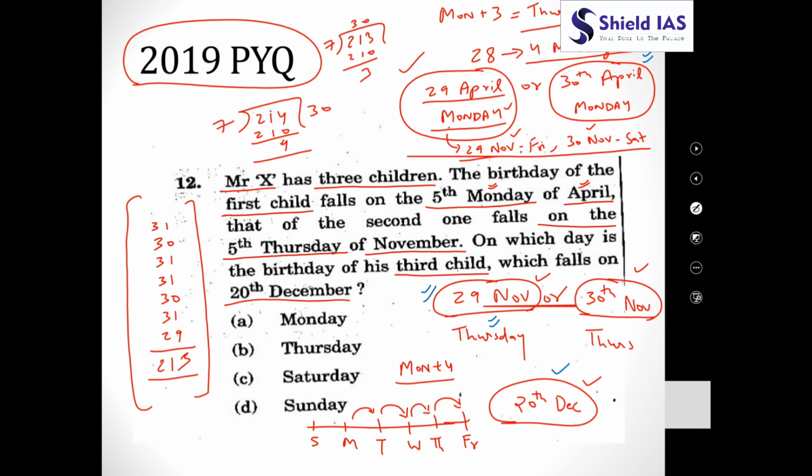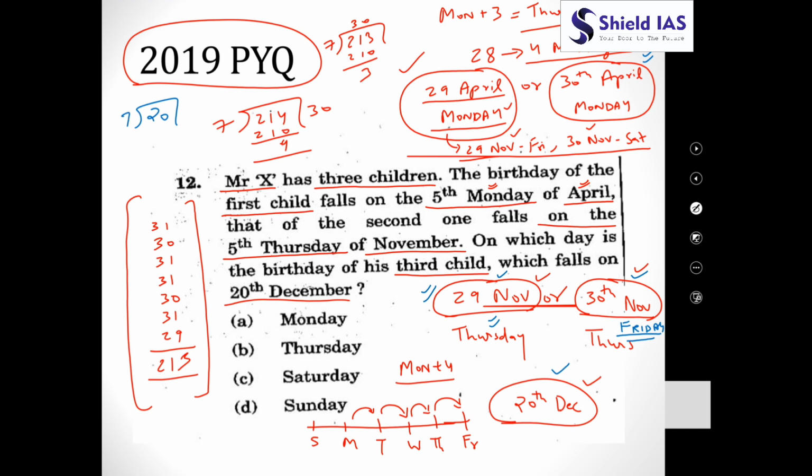So what will be the day on 20th December? Let us take the initial day as 29th November as Thursday, or let us take 30th November as Friday. Whatever you take, you can get the same answer. So if we take the initial day on 30th November as Friday, then we have to only add 20, so 20 would come out to be 20th December.